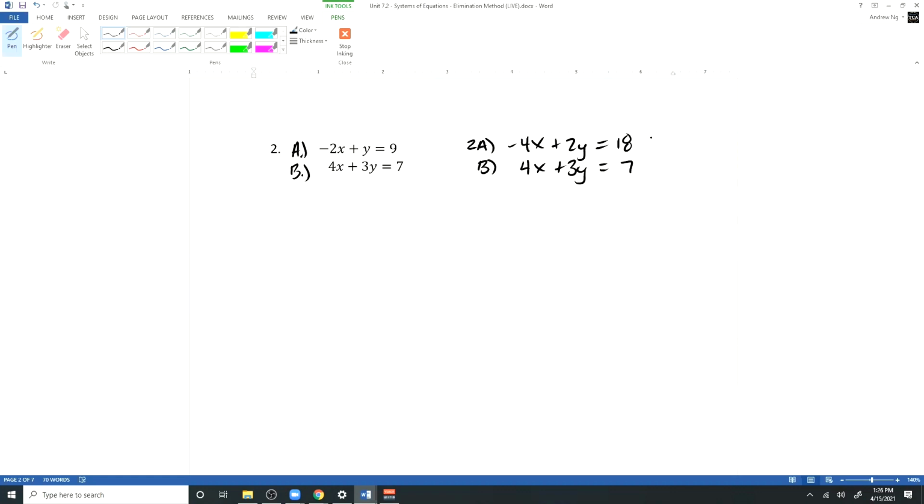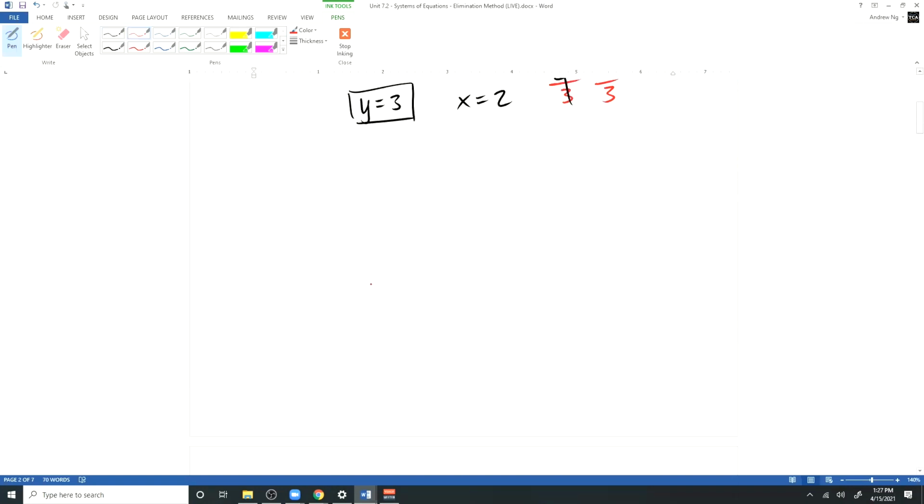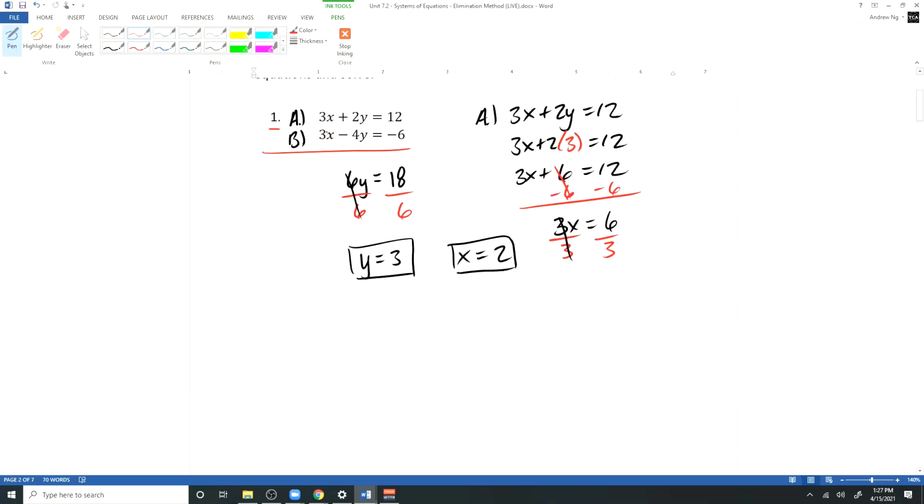Okay, well, now, since they're exactly opposites, I can add these together. And you may be asking, why am I adding this time? In the first one, the signs were the same. Positive 3x, positive 3x.